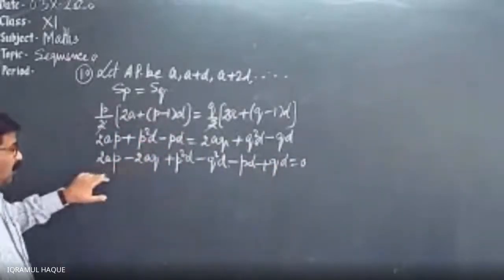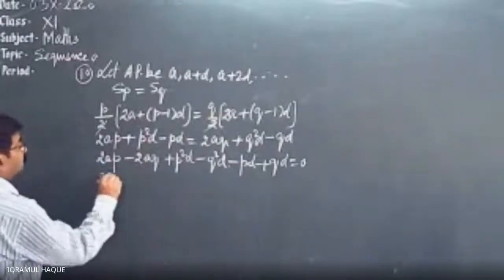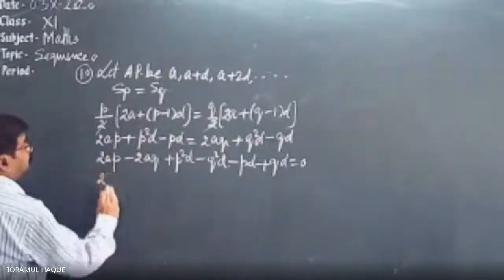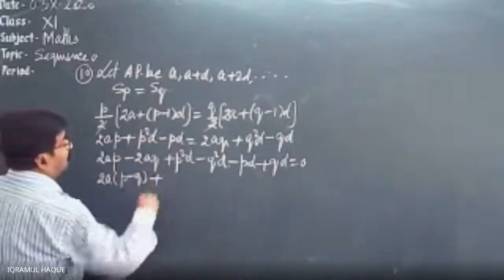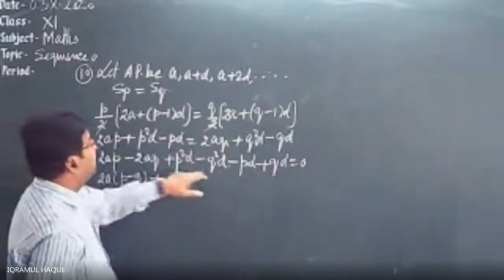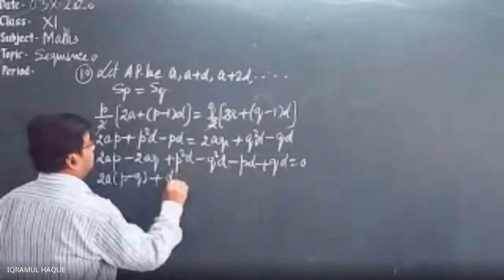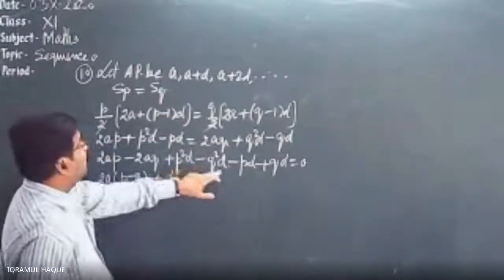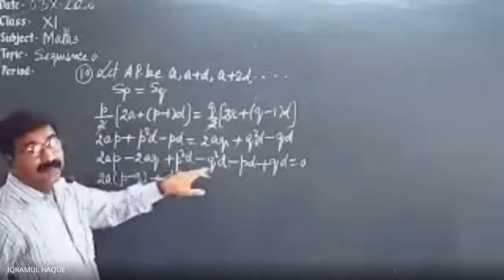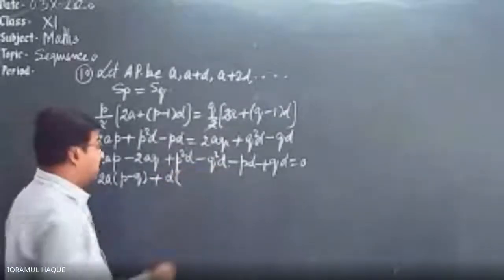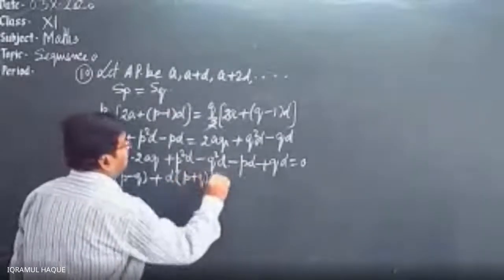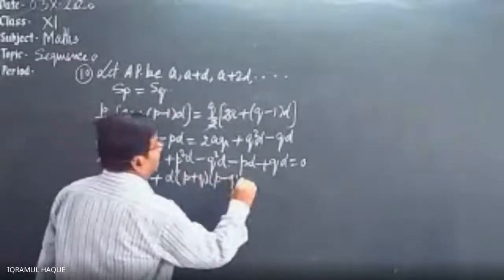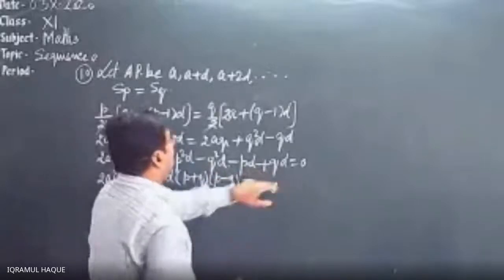Here we have 2a common. So we have p minus q, plus in these two we have d common. So we have p square minus q square, and it can be broken into a plus b and a minus b. So we can write p plus q into p minus q, minus, here we have d common.